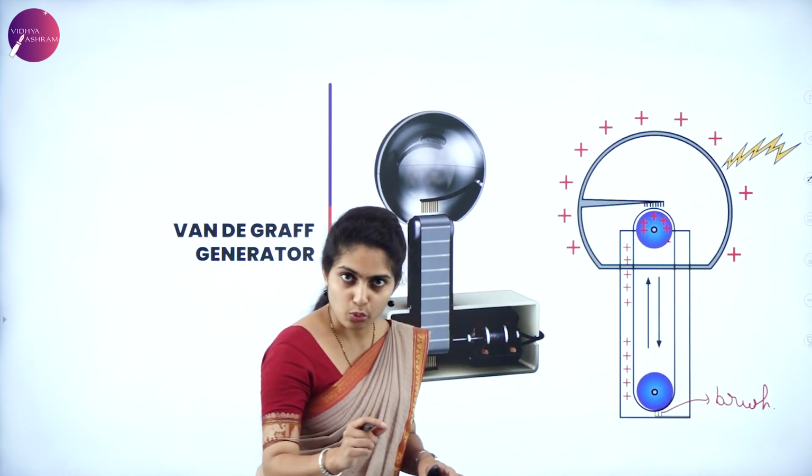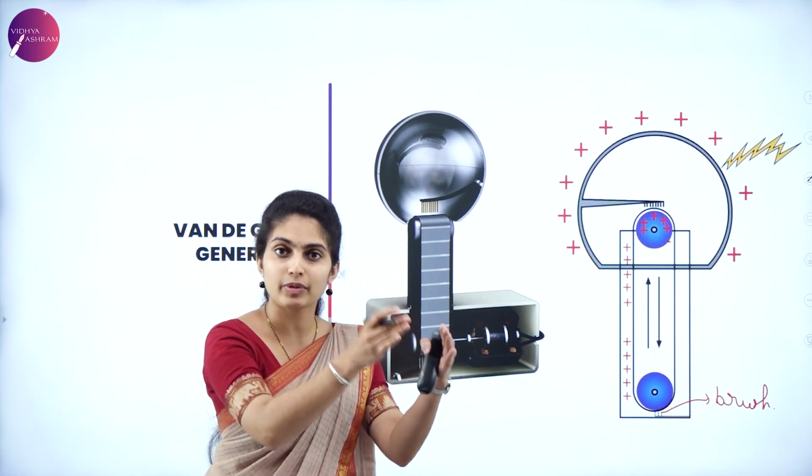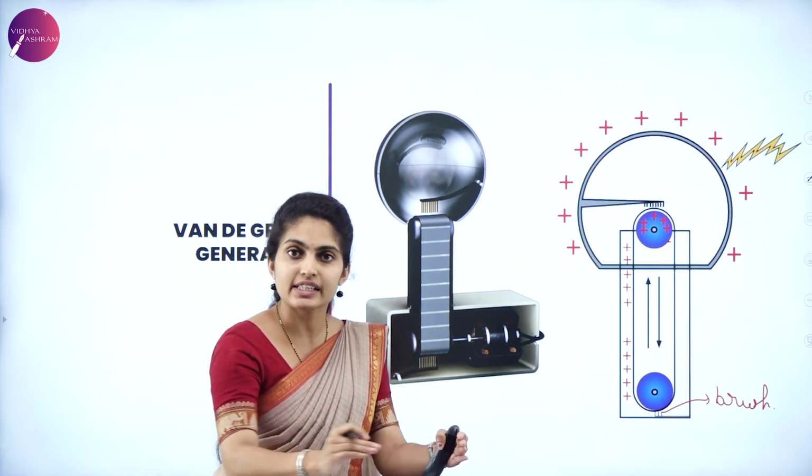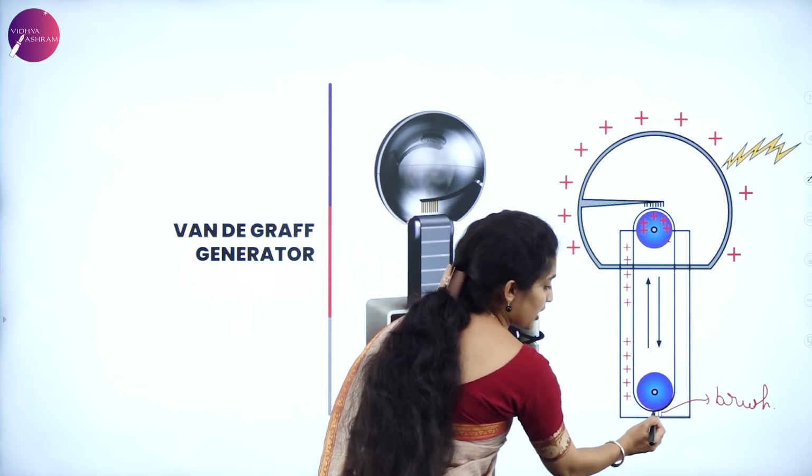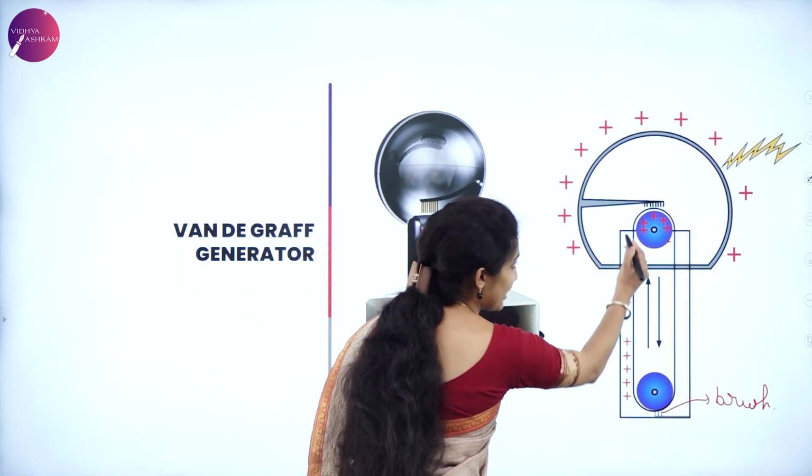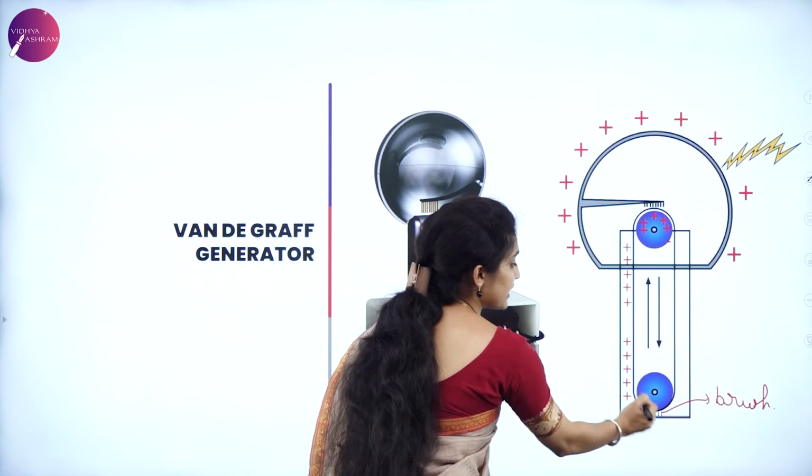As you switch on the source, the positive charges move through the brush onto the pulley, the rubber insulating material.